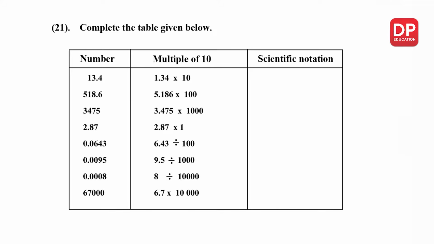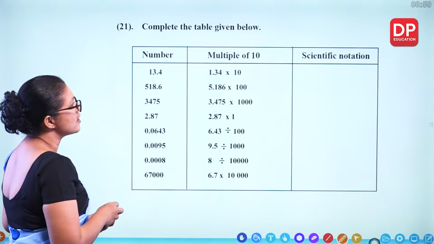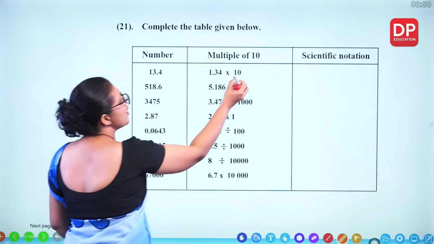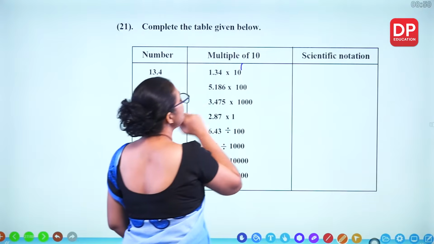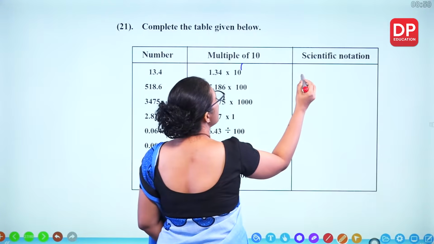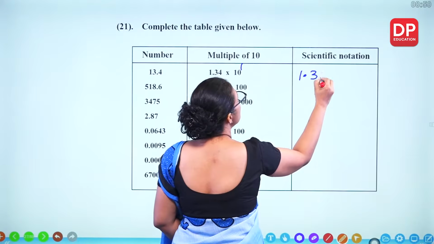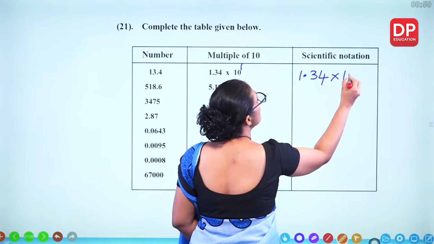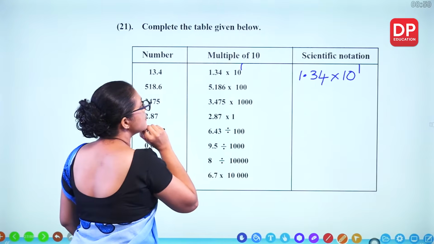Complete the table given below. You have given a number multiple of 10. So this is in scientific notation. So how can you write down? This is 10 to the power 1. That means you can write as it is, 1.34 times 10 to the power 1. This number is less than 10.